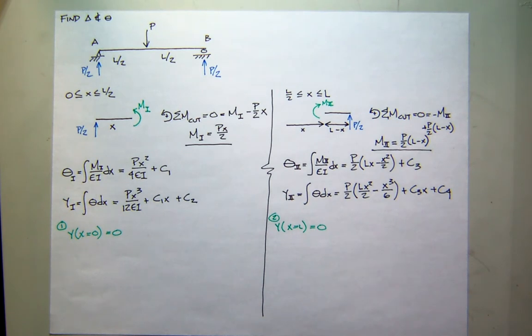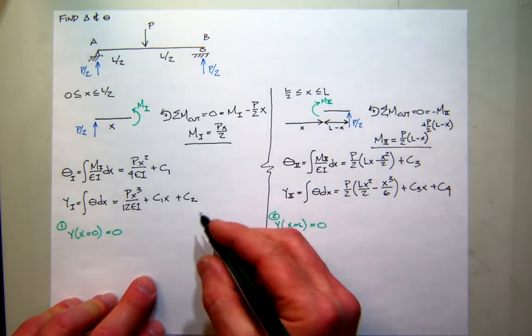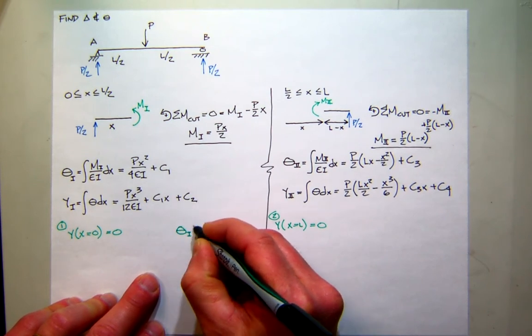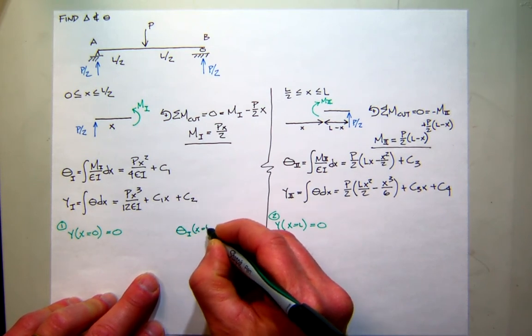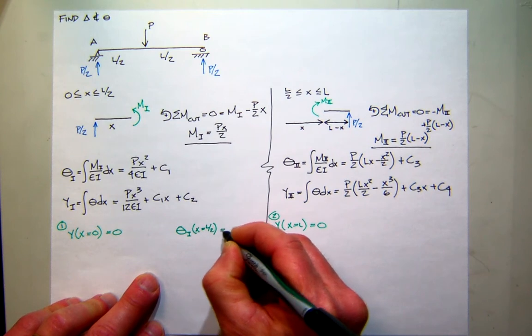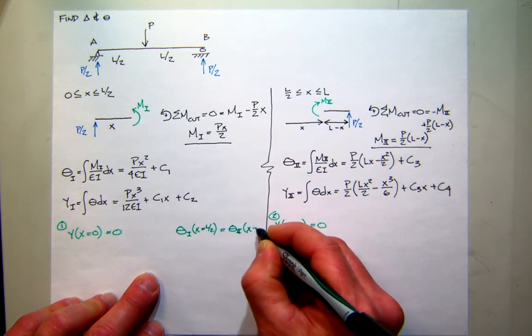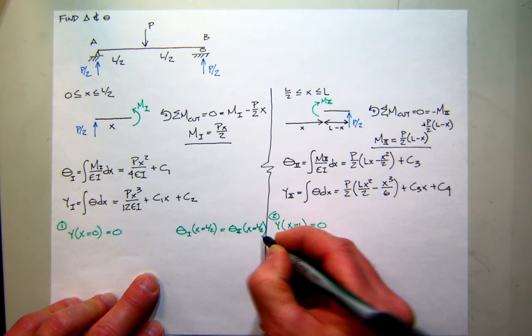If it does that, it is deformed. And we're not doing deformed beams. So this is where it gets a little interesting. So what you're going to say is the slope from equation 1 at L over 2 should equal the slope from equation 2 at L over 2.